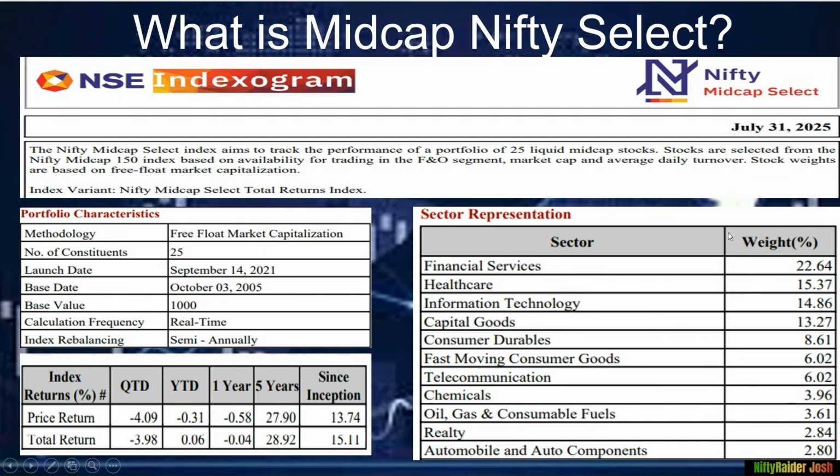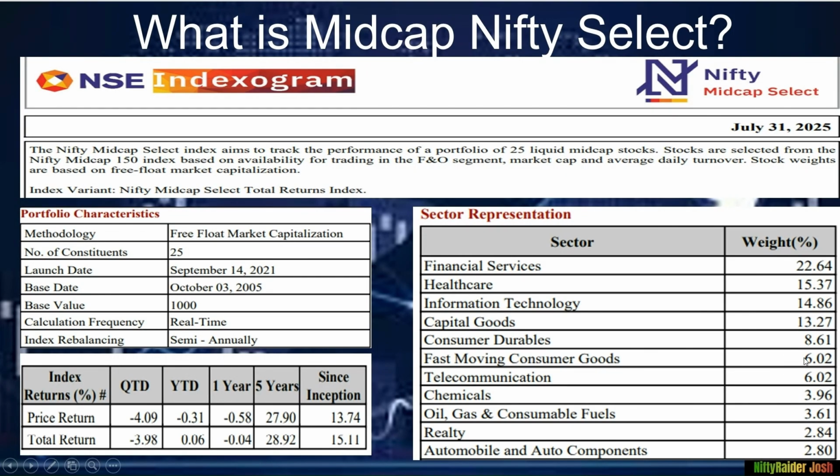In the sector representation, let us see how this is distributed. Financial services is 22% of it, healthcare is 15%, and information technology is also around 15%. Capital goods comes around 13%. Consumer durables comes around 8.6.